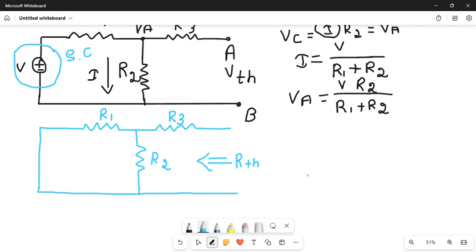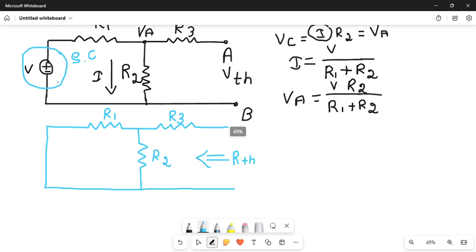Now the next thing you're supposed to do is find out RTH. How will you find RTH? It's very easy. You can see this resistance R1 is in parallel with R2, which is in series with R3.